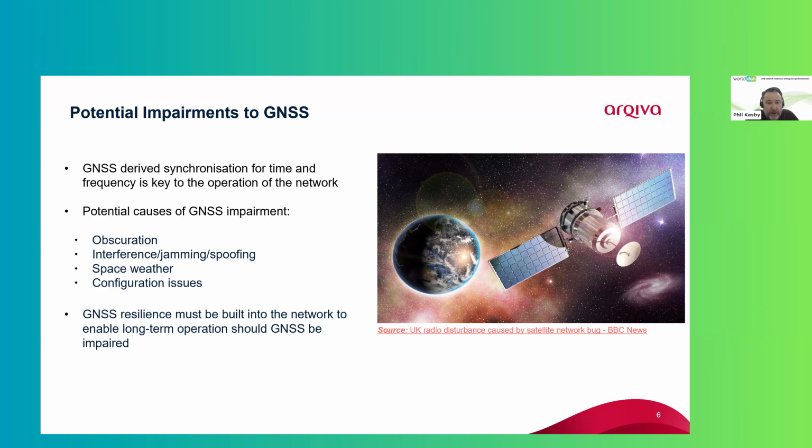This is all about the GPS antenna having a good view of the horizon, because you need a certain number of minimum satellites that the receiver can see before the receiver will work accurately for you. So obscuration's often about trying to make sure your antenna has a good view of the horizon. Then we've got interference, jamming and spoofing. So often interference is non-intentional.